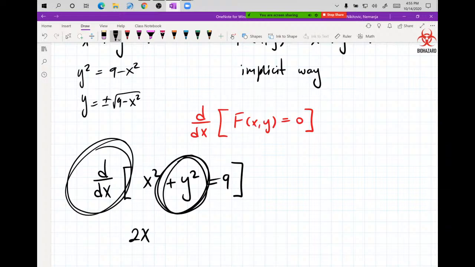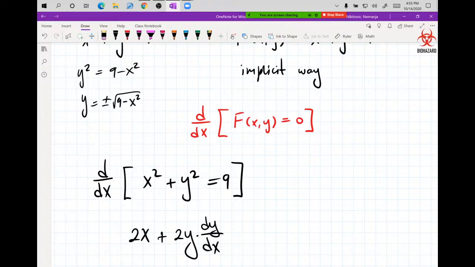Well, this is where the chain rule is going to kick in. So we have plus 2y, and here is the dy/dx that you have to write in as a chain rule, because you took the derivative of y with respect to x. X is your main variable, and then y is the dependent variable, but they are linked through that function, so we have the chain rule piece in there. And finally, the derivative of 9 is 0.